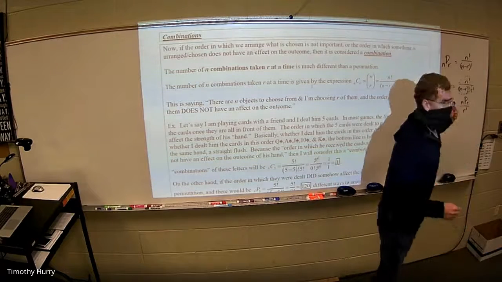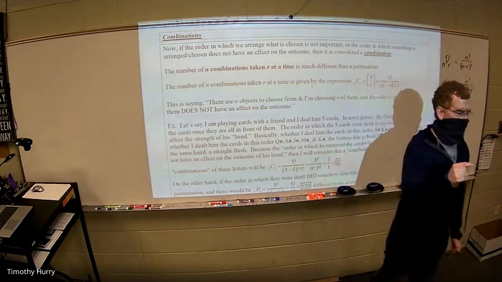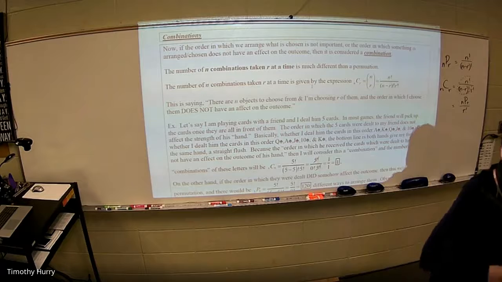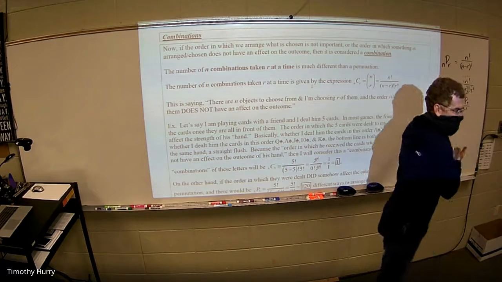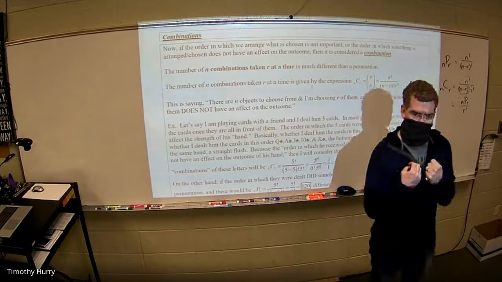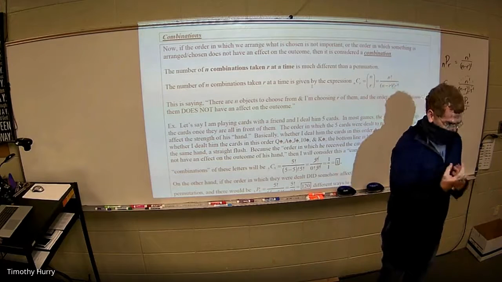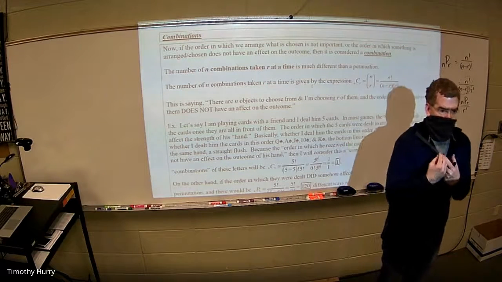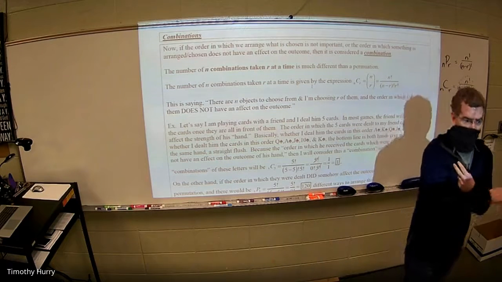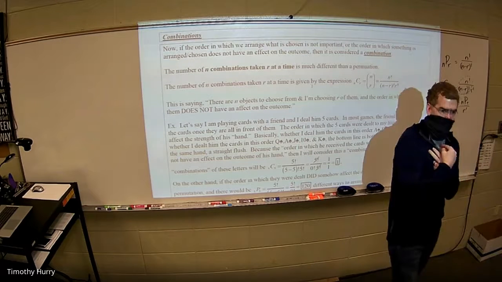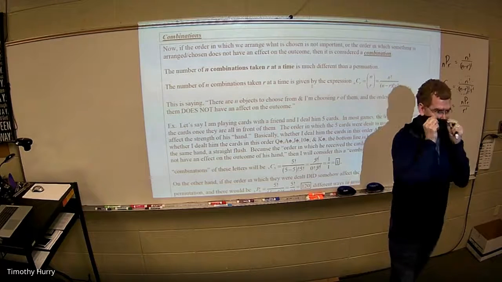But anyway, what happens in a dependent situation allows me to use these. Because in a dependent situation, like when I draw a card, the card that I draw is going to affect the number of ways that other things can happen, because there's one less ace maybe, or there's one less 10, right?